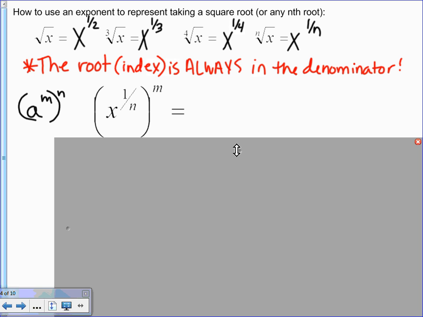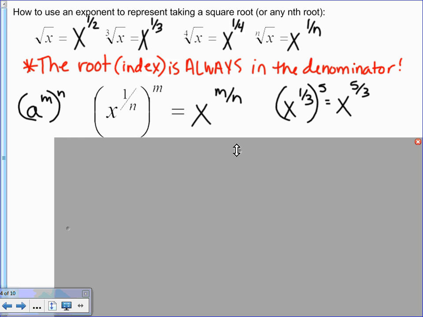So let's multiply 1 over n times m. What do you get when you multiply 1 over n times m? M over n. Are you okay with this? Okay, so if I had something like x to the 1/3, and then I raise it to the 5th, I could really write that as x to the 5/3.